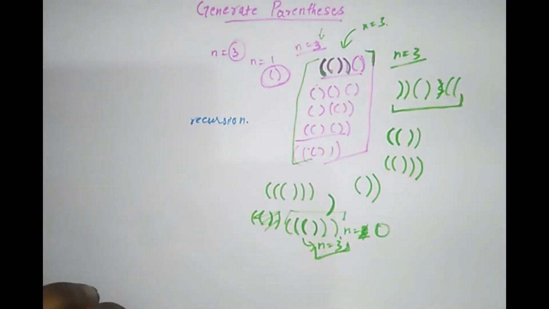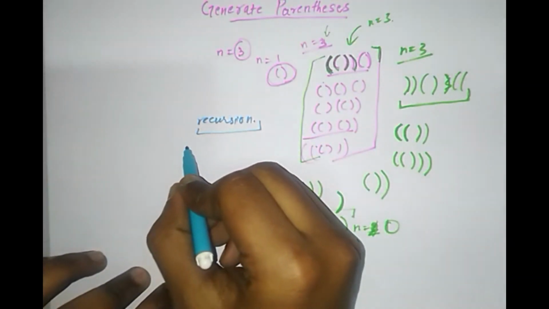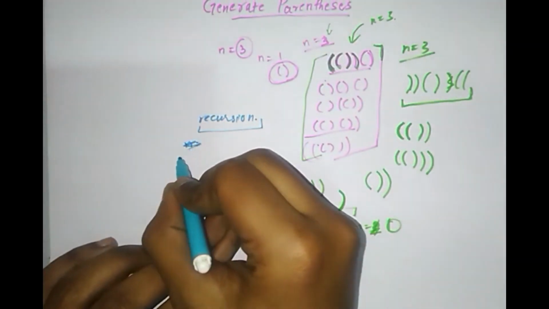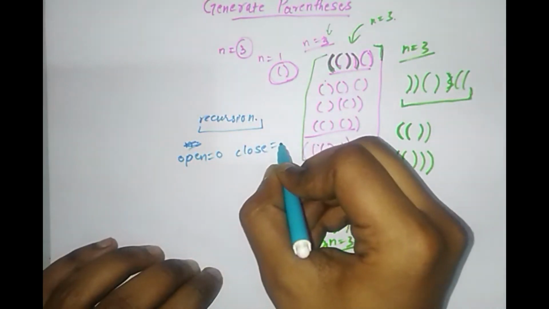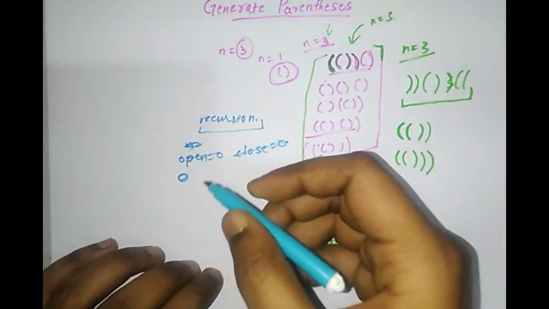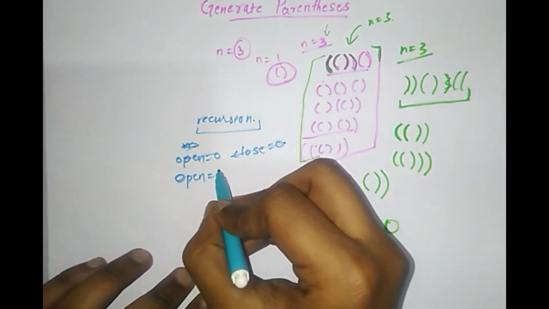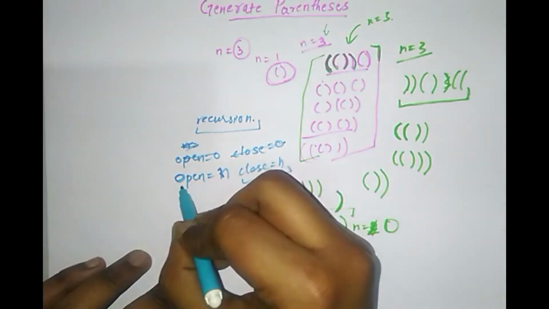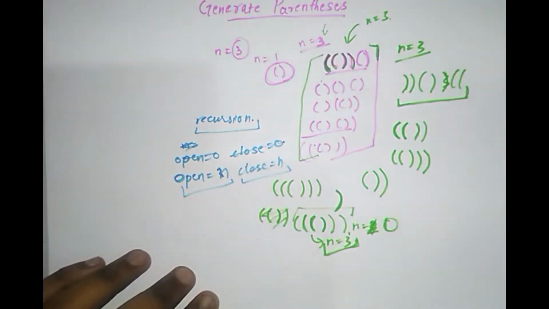What we will be doing is building a string, and we take 2 variables, open and close. Instead of starting at 0, I am taking open as n and close as n.